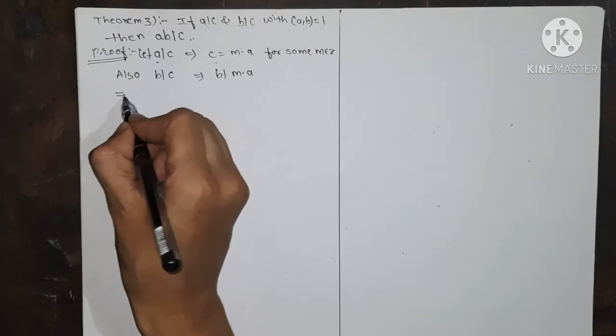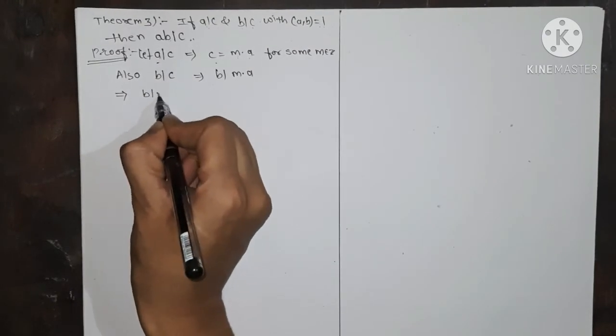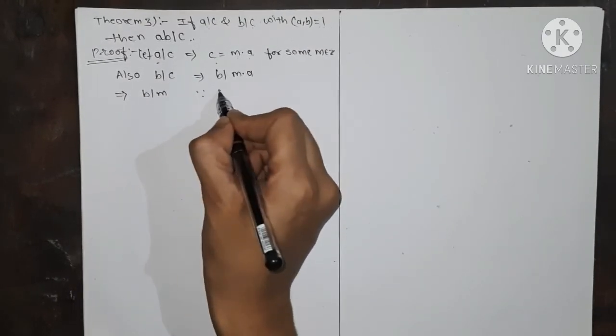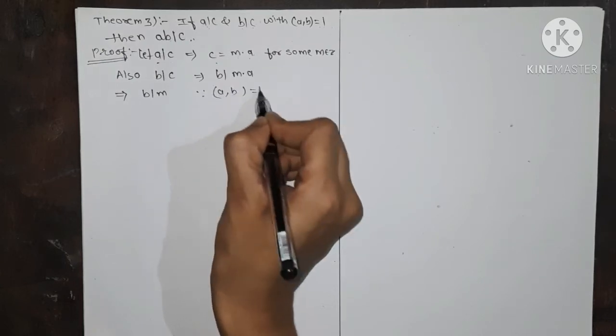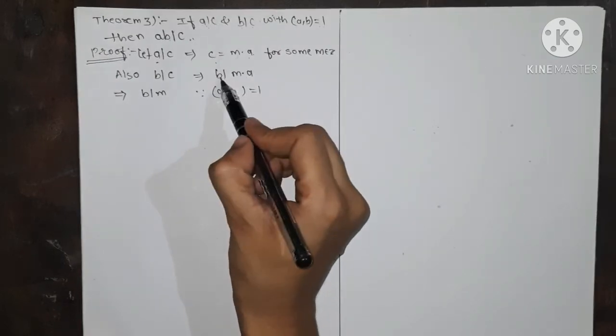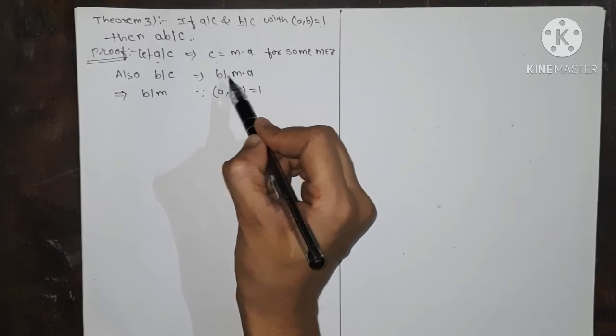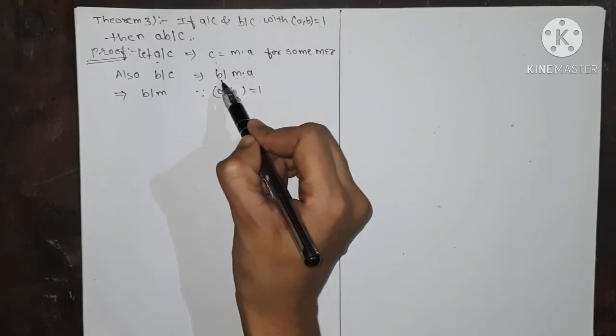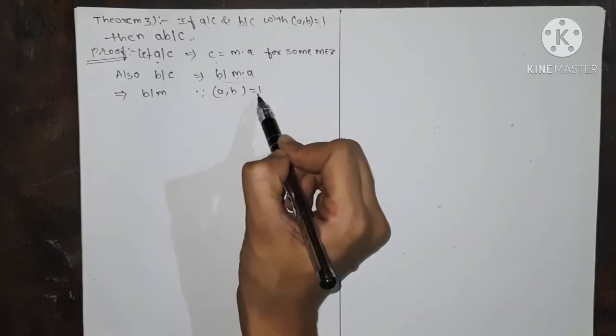This implies B divides M, since GCD of A comma B is equal to 1. As seen here, B divides the product M into A, but GCD of B comma A is equal to 1.